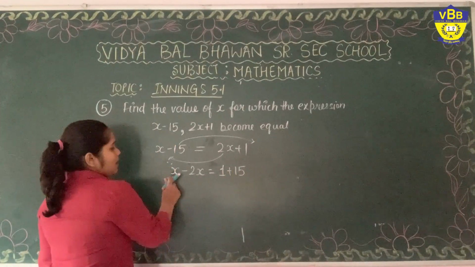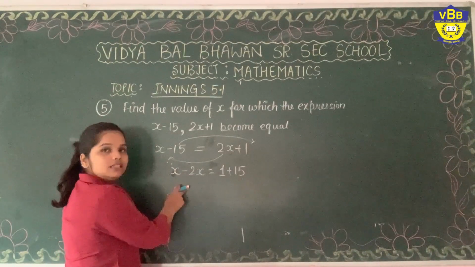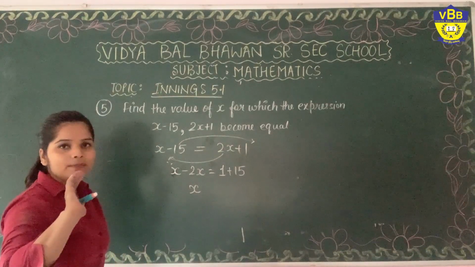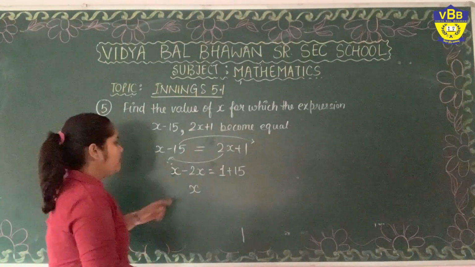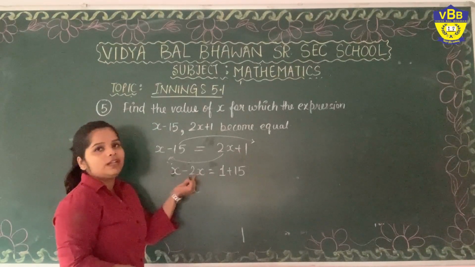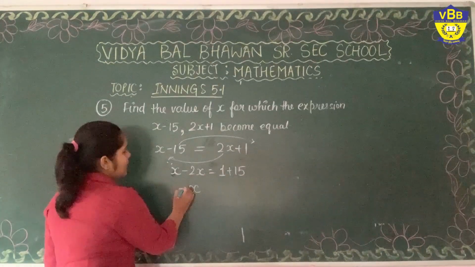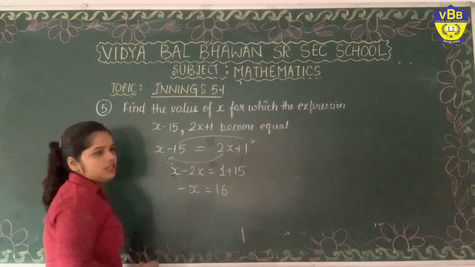Now plus 1 minus 2, plus minus is minus. 2 minus 1 gives 1, but you have to keep the sign of the bigger absolute value. 2 is the bigger absolute value having a negative sign. So here it is minus x. Minus x is equal to 1 plus 15, which is 16.